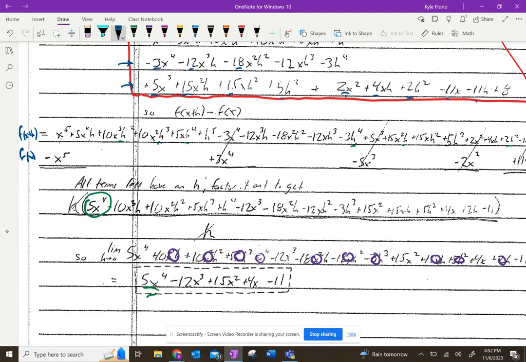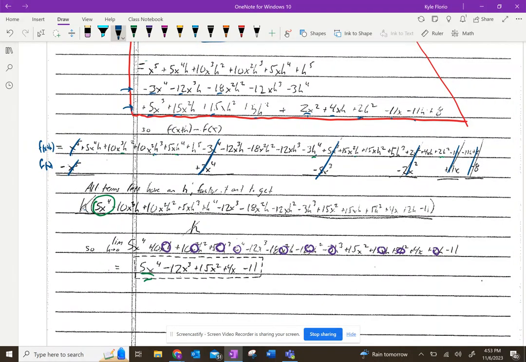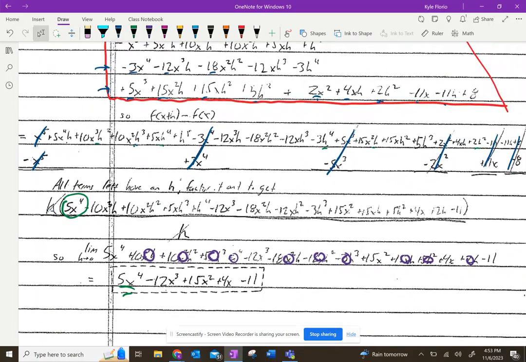I lined it up under f of x plus h because the x to the fifth minus x to the fifth will cancel out. The 3x to the fourth will cancel out. The 5x cubes, the 2x squareds, the 11x, and the 8s all cancel out. Everything left that didn't get canceled out has an h in there. This has an h, this has an h squared, this has an h cubed, h to the fourth, h to the fifth.